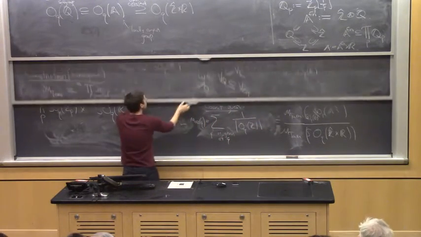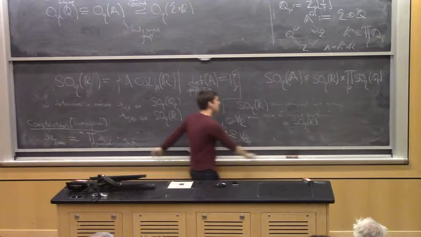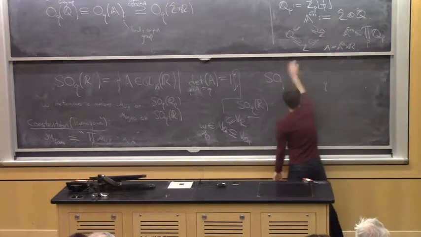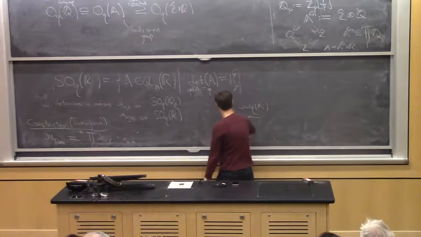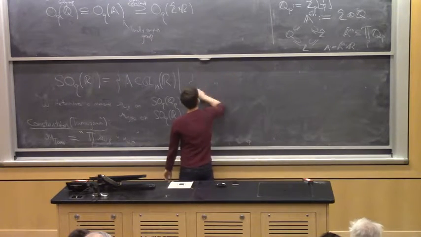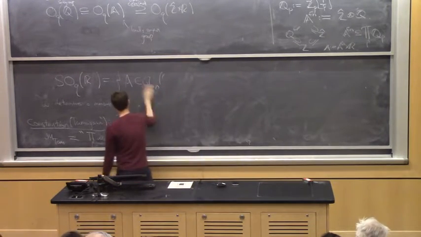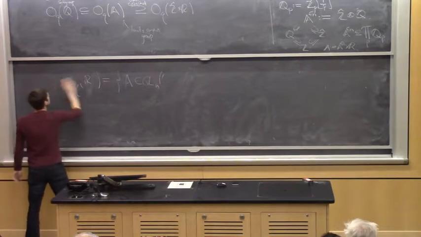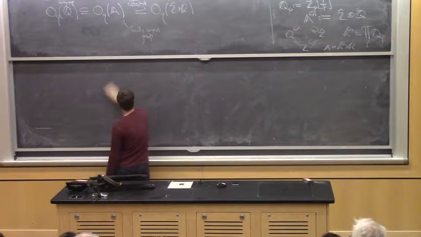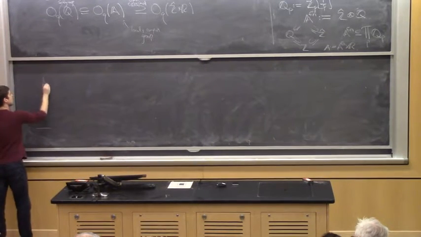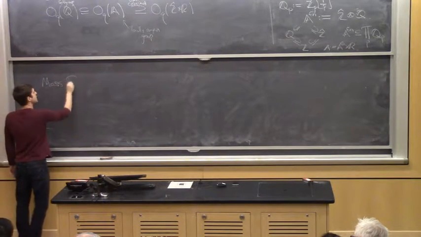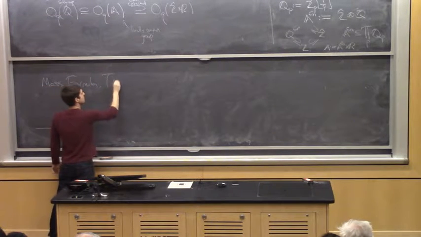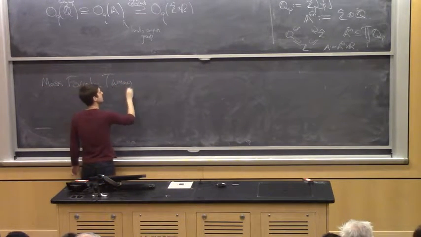And you can reformulate the mass formula as a statement which is just about the numerator. So let me tell you that reformulation. Formula, I'm going to say, Tamagawa-Weil version.